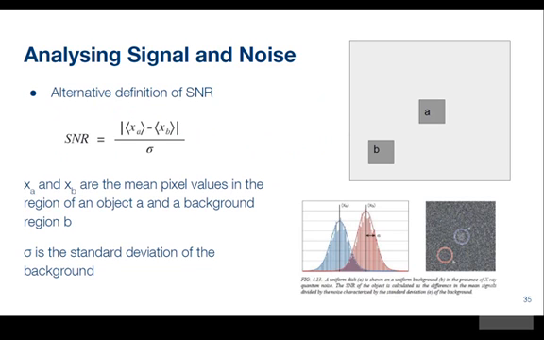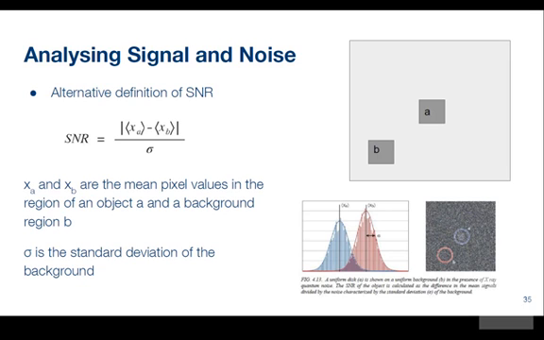An alternative way of doing it is to look at a region of interest and then have another region of interest, which is the background. In this case, we look at the mean value A in our region of interest and the mean value B in the background, and then we divide the difference by the standard deviation of the background.